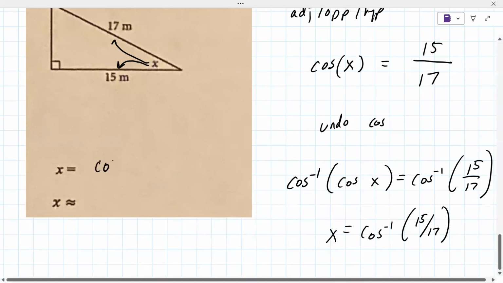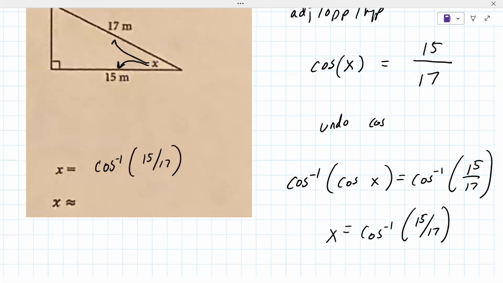Again, in terms of your exact answer, it's this, and then cosine -1 of 15 over 17, which would give me like 28.1 degrees. This is an angle, so it's in degrees. Angles, yeah. Cosine -1.